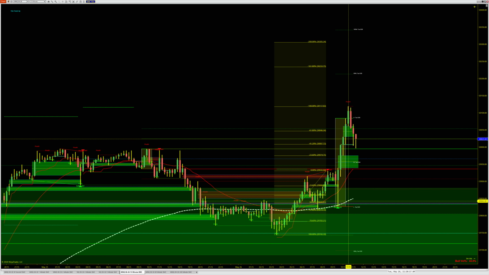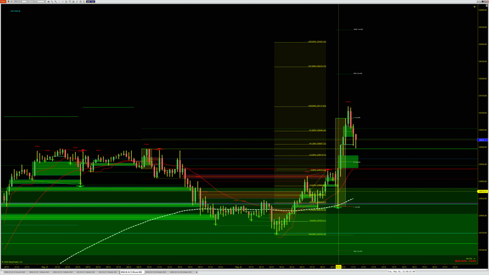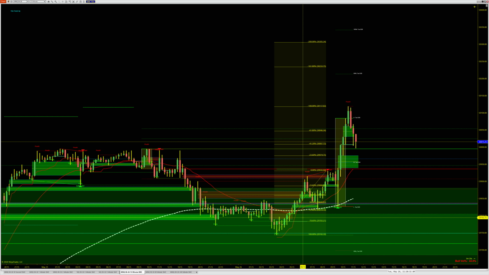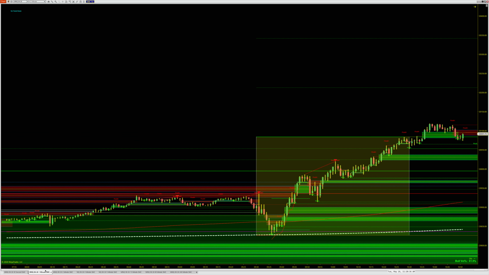But then if we drop down to say the 2-minute chart, or maybe even the 1 minute, and let's get a time on that. That's a 9:45 candle, so I would be looking at the 9:30 to 9:45. So let's drop down to say the 1-minute chart, and here's the 9:36 candle right there on this 1 minute.